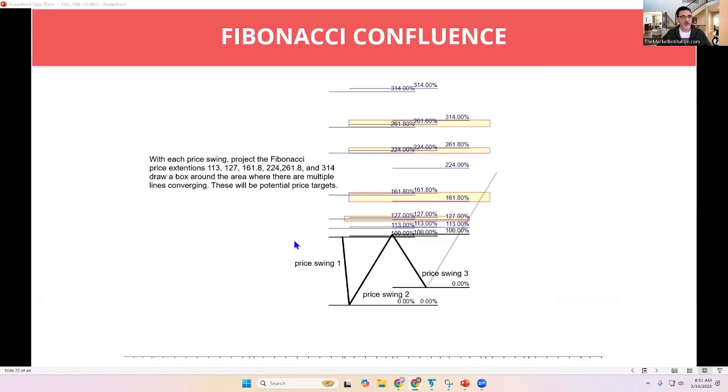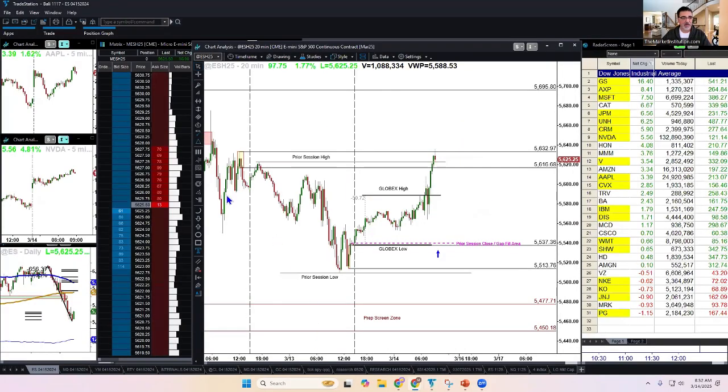With each price swing projected, the Fibonacci price extensions draw a box around the area where multiple lines converge and show potential price targets. Now, we've just recently done this on gold.